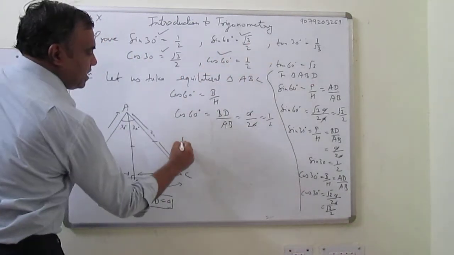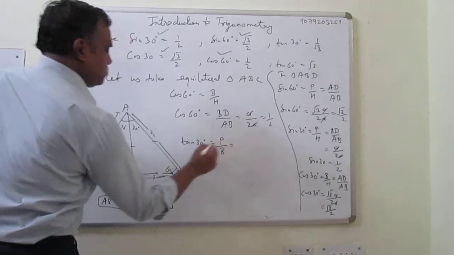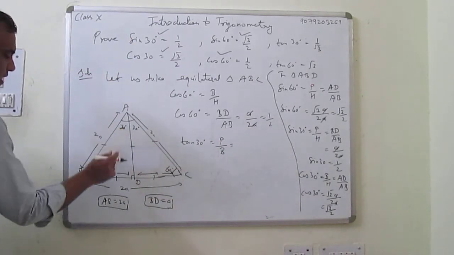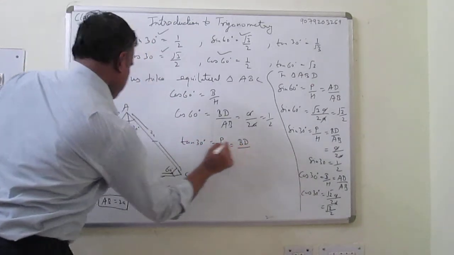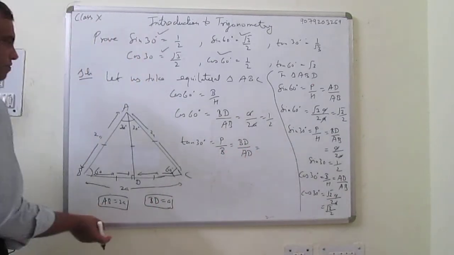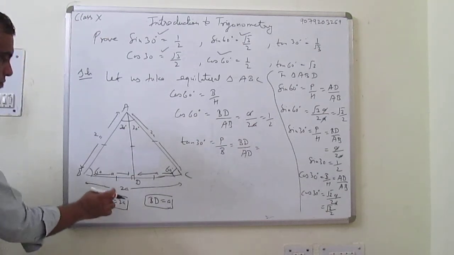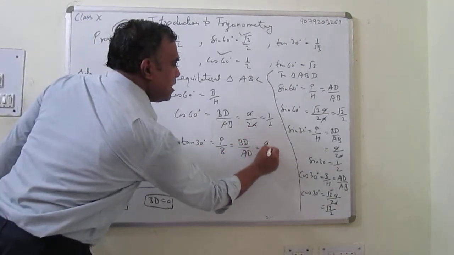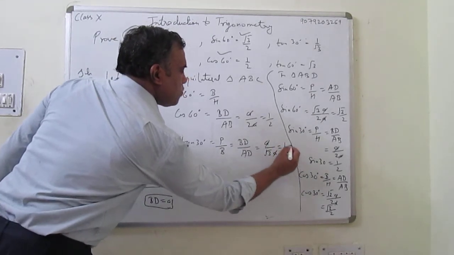Now I will take tan 30. Tan 30 is P upon B. For 30 degrees, P is BD, so BD upon AD. BD is A and AD is root 3 A. A is cancelled out, and this is 1 upon root 3.